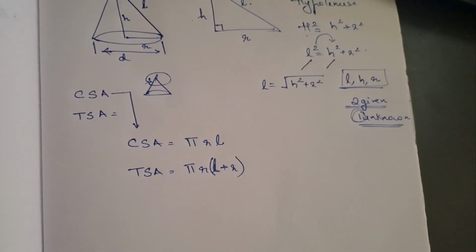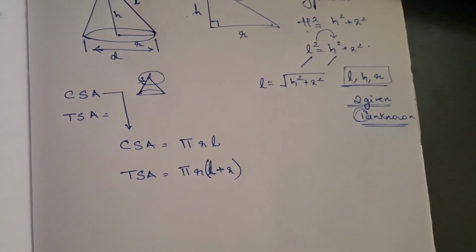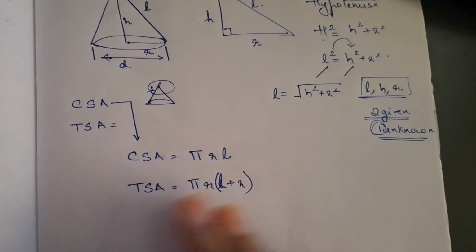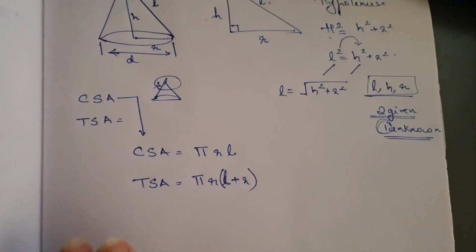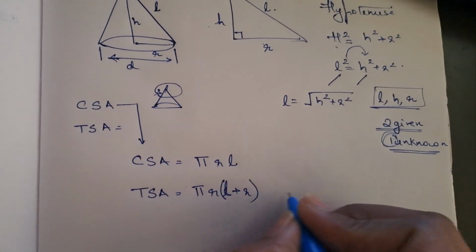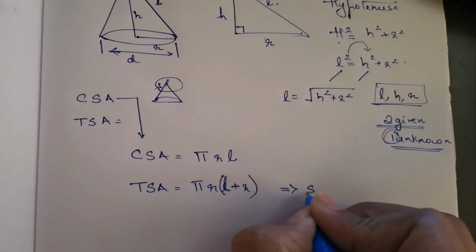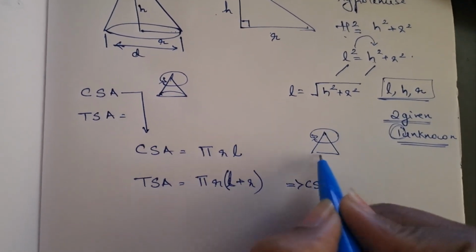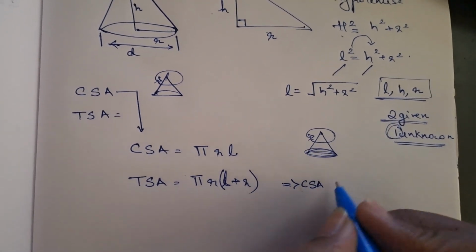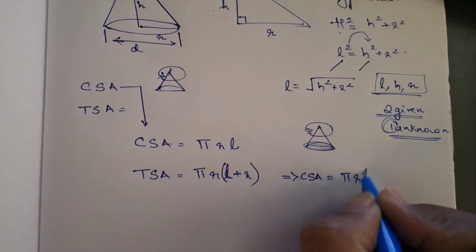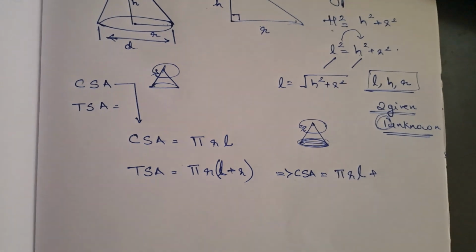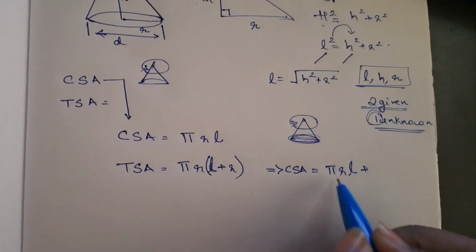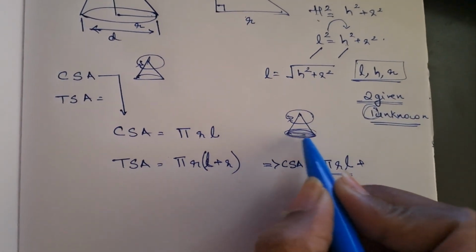Now, these are the basic formulas. If you can remember the formulas, well and good. At times, TSA can also be taken as the CSA, the curved surface area, plus the area of the circle at the bottom. So CSA is pi RL, the curved surface area. What is the circular area?